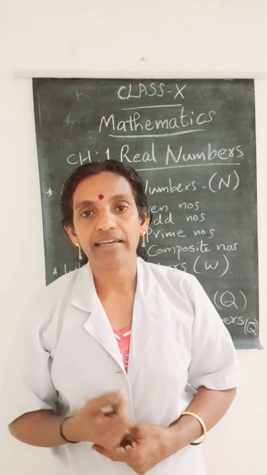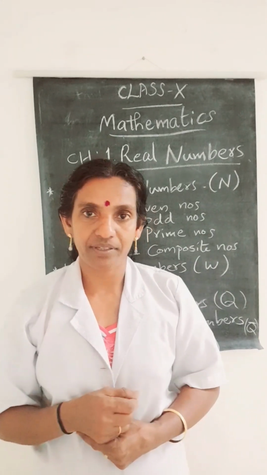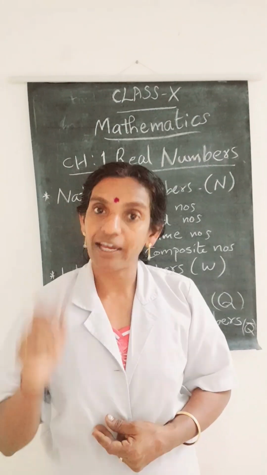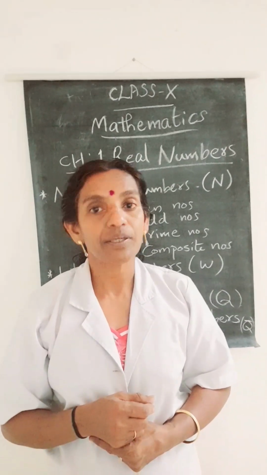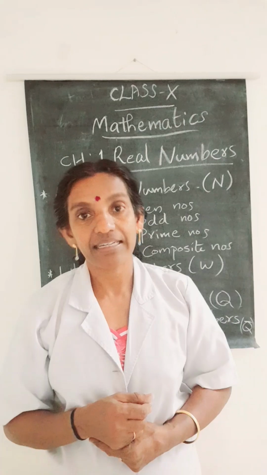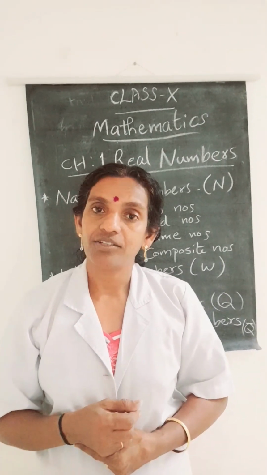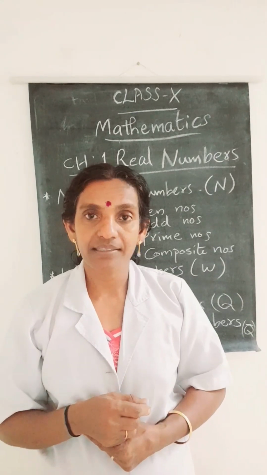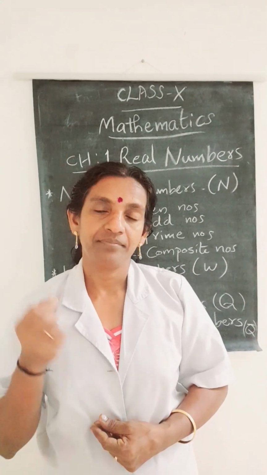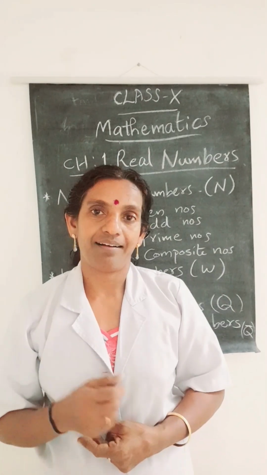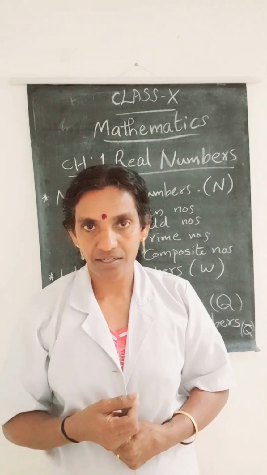Okay. Now we can say irrational numbers. What are irrational numbers? Numbers which cannot be expressed in the form p by q are called irrational numbers. That also you have studied last year. And irrational numbers, can you say some examples? Root 2, root 3, root 5, etc. Then pi is also irrational.